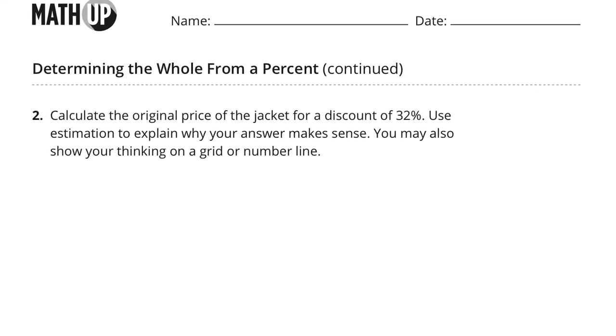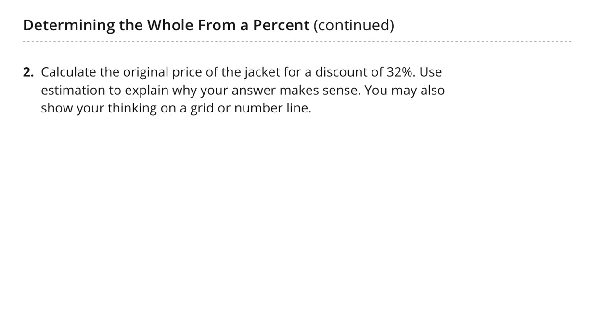Our last question says, calculate the original price of the jacket for a discount of 32%. Use estimation to explain why your answer makes sense. You may also show your thinking on a grid or number line. Well, first thing I'll do is I can see that 32% is very close to 33%. And I know that 33% is just 1/3. So she's getting a discount of 1/3.